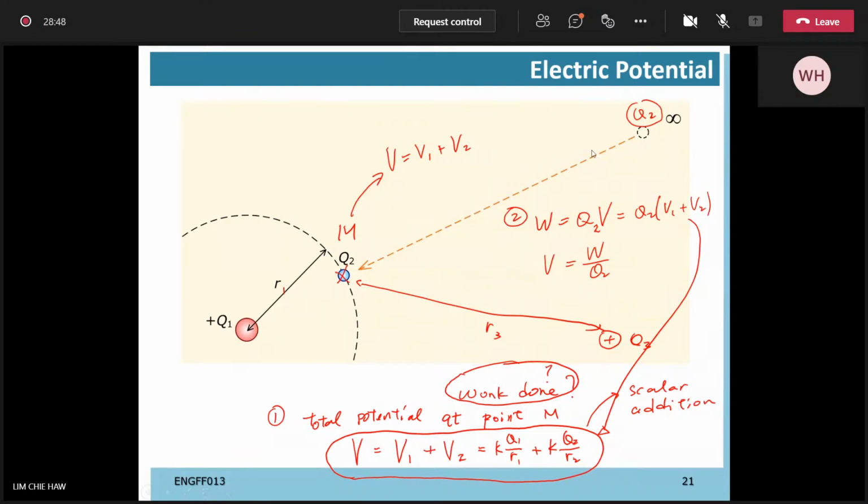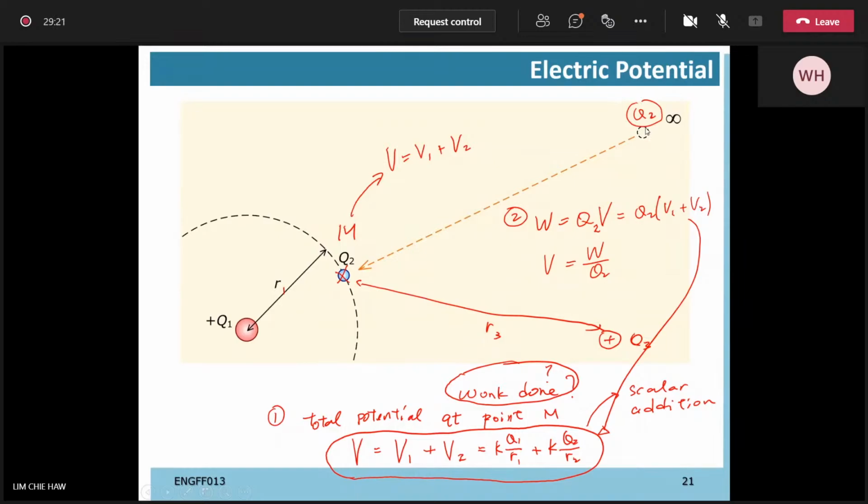Okay, I repeat one more time, quickly. First, you must know who sets up the electric field. Whenever you have this type of question, you must know who sets up the electric field. If I have two charges here, Q1 and Q3, they are the charges that set up the electric field. And who is going to experience the electric field set up by these two charges? Q2.